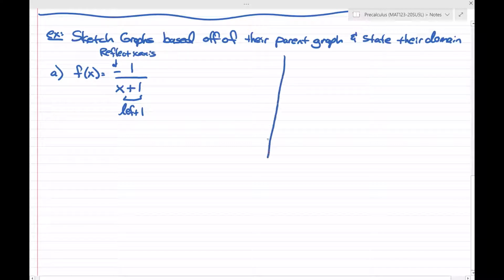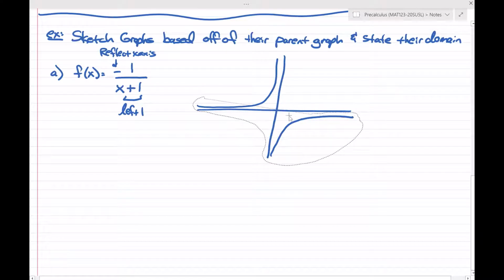So this graph would look something like this. Here's your normal graph, bottom left, upper right. If we reflect it over the x-axis, it'll look like this. So that's a reflection over the x-axis. And then we're going to have to move the whole thing 1 unit to the left. So let me see if I could do that with my computer here.